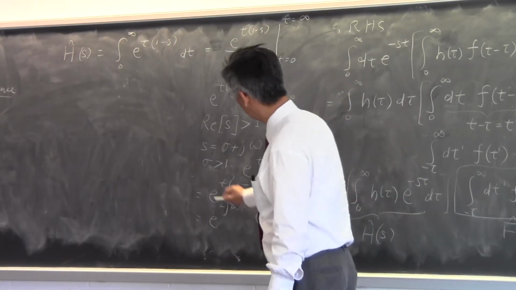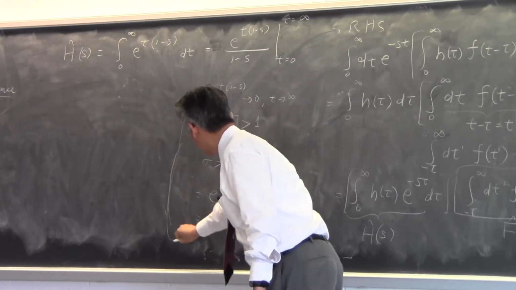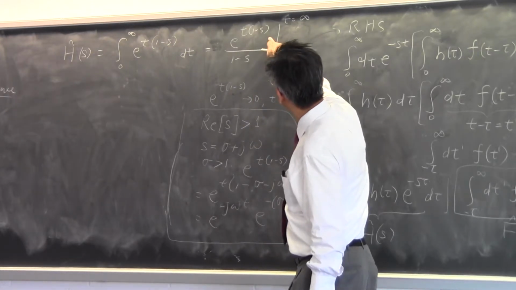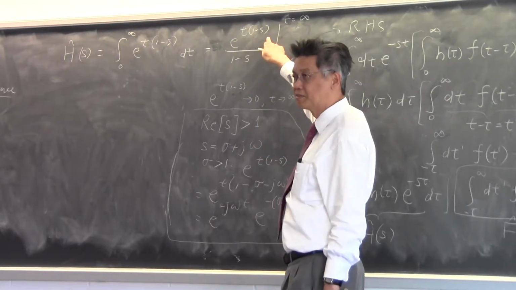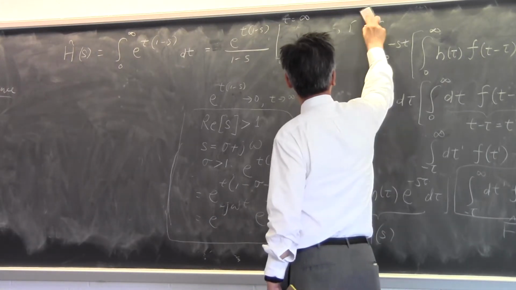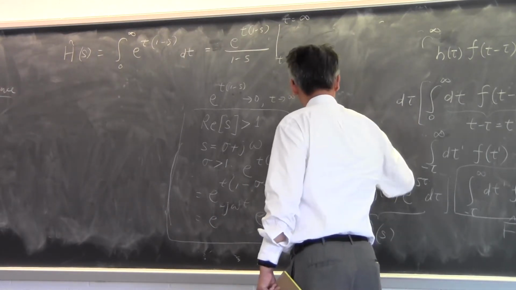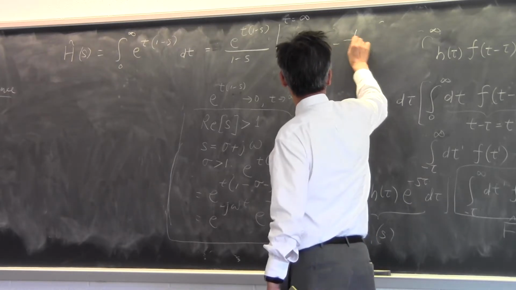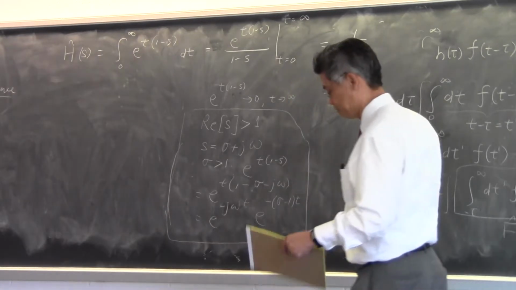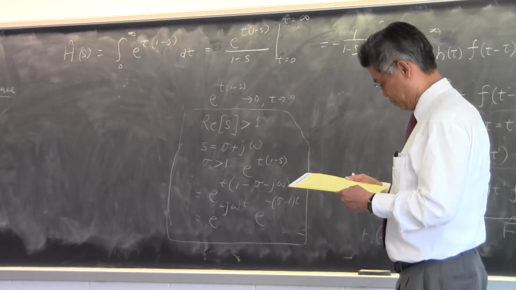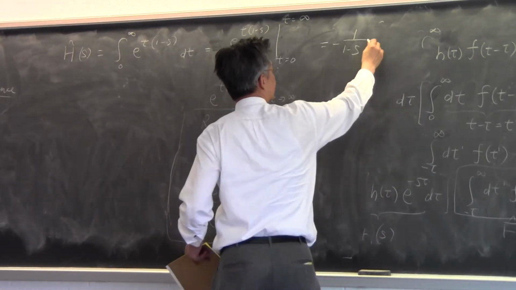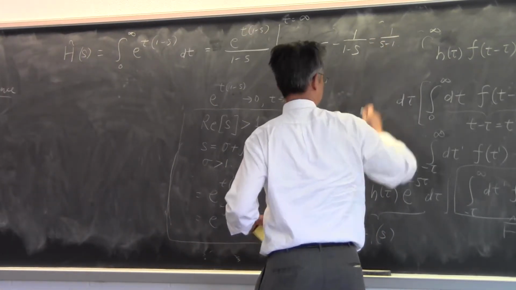So if sigma is larger than 1, or the real part of s is larger than 1, when I evaluate this function at the upper limit as t goes to infinity, it vanishes. Then I'm left with the lower limit, which evaluates to 1, so the Laplace transform is minus 1 over s, or it can be written as 1 over s minus 1.